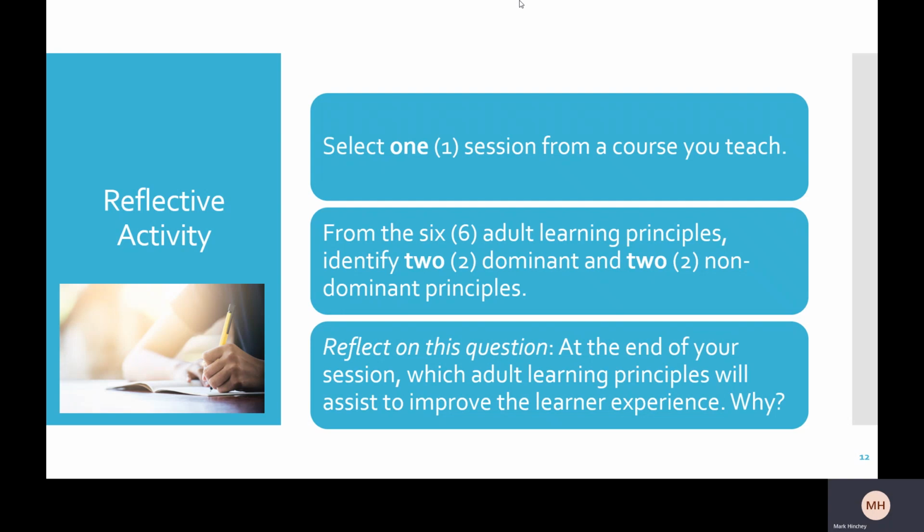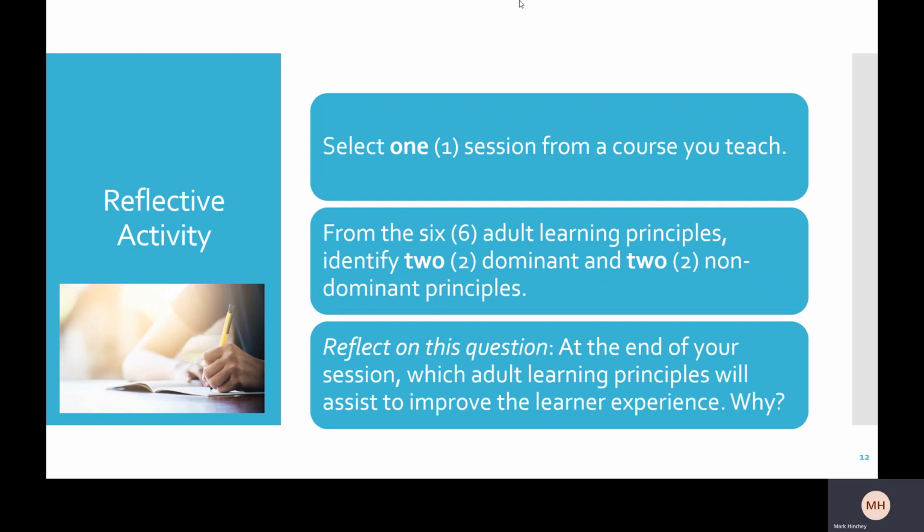Now, in written form or in visualization, you're contemplating one session from a course you teach. So not the whole course, just one session. That session plan you did for a particular day within a week that make up the 16 weeks of your course.